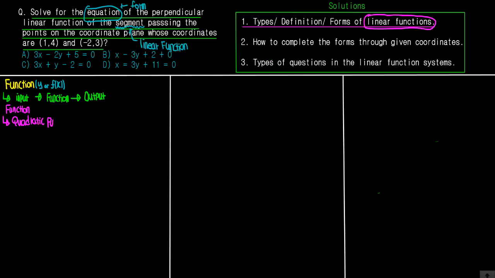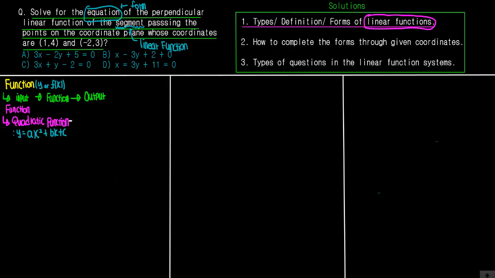Its standard form, which means the basic format that we usually use to express the quadratic function, is y is equal to ax squared plus bx plus c.